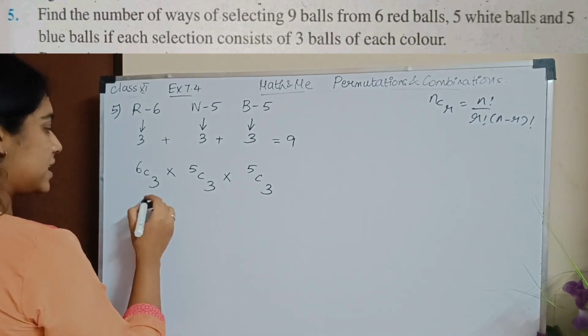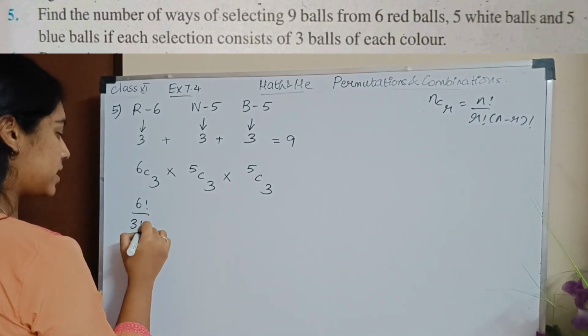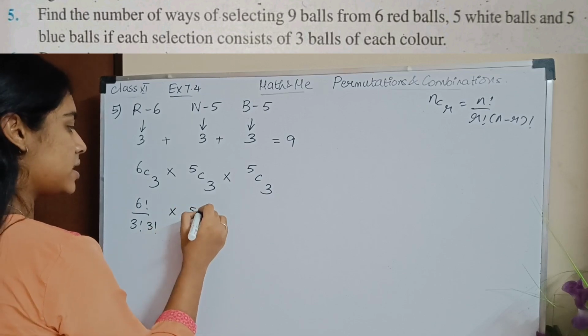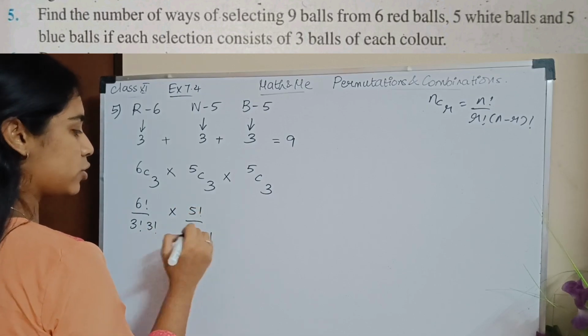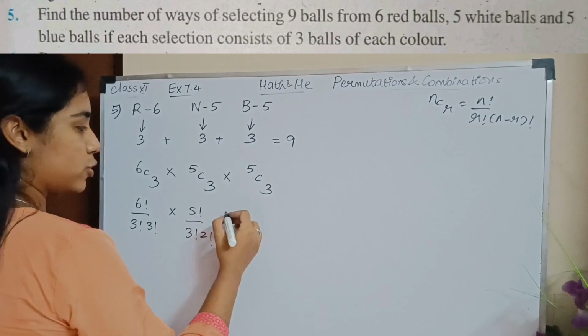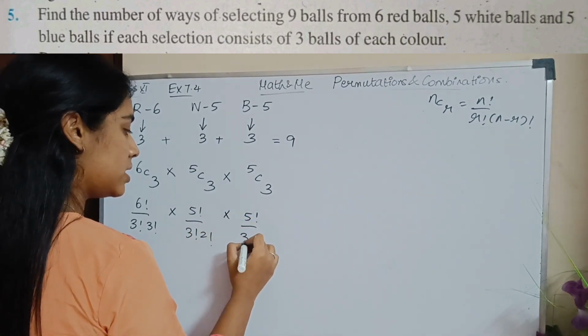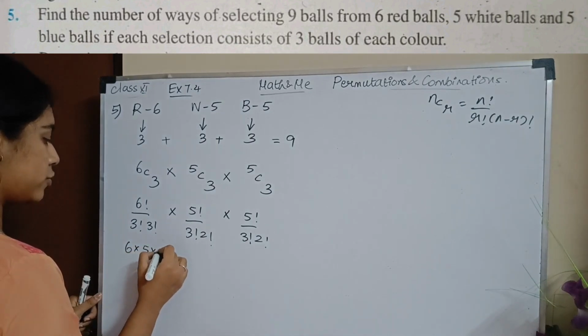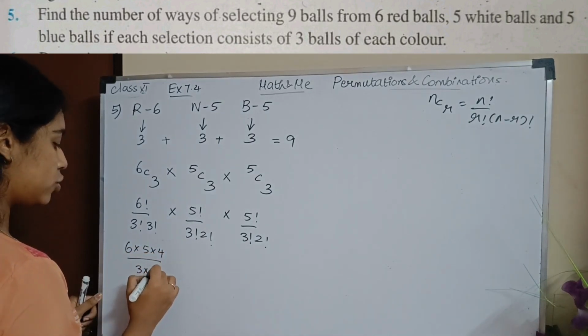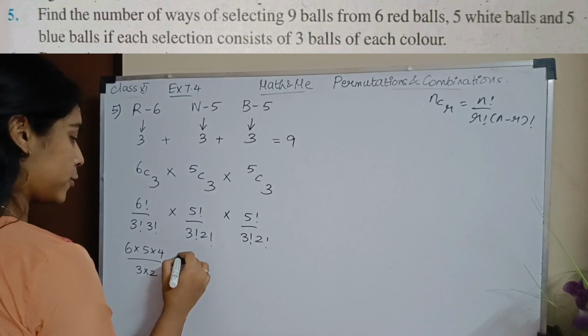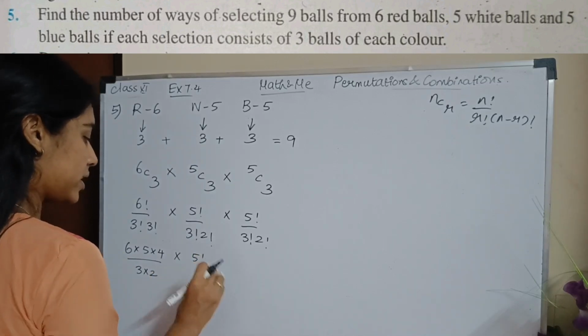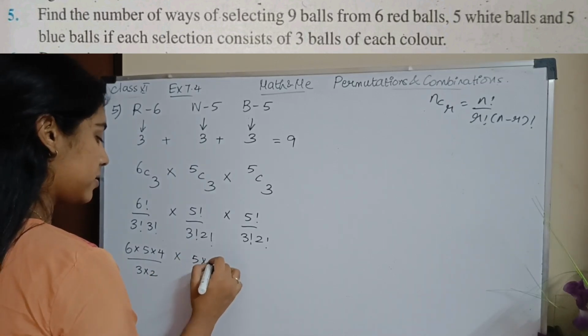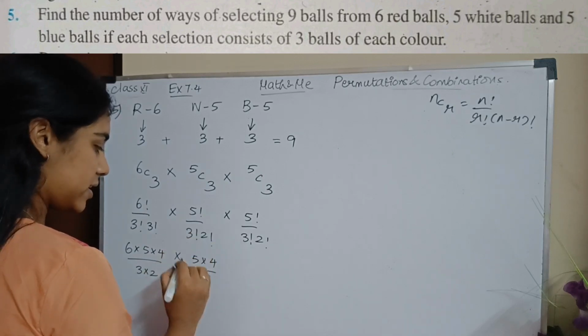So 6C3 will be 6 factorial over 3 factorial times 3 factorial, times 5C3, 5 factorial over 3 factorial times 2 factorial (5 minus 3 is 2). Again 5 factorial over 3 factorial times 2 factorial. So this will be 6 into 5 into 4 divided by 3 into 2. 3 factorial cancel ஆயிடும். Times 5 factorial can also be written as 5, 4 into 3 factorial. 3 factorial cancel ஆயிடும்.